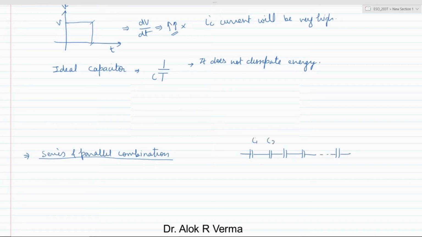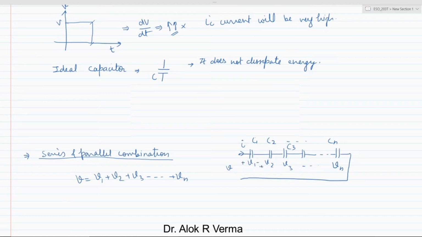This is C1, C2, like that Cn capacitors connected in series, and you are feeding a voltage V, and the current I is flowing. So the total voltage V is nothing but V1 plus V2 plus V3, and so on. This is the polarity. So this is the KVL, this equation is KVL.